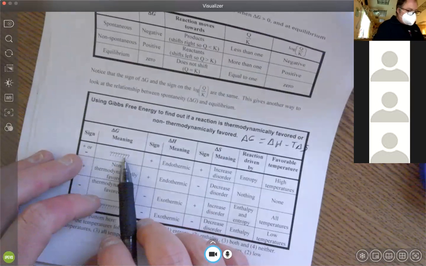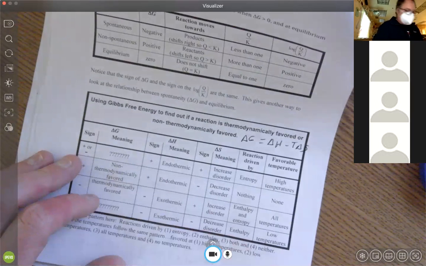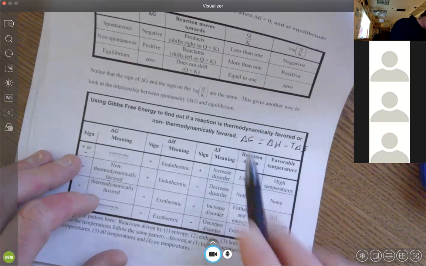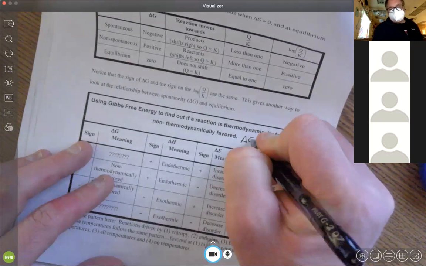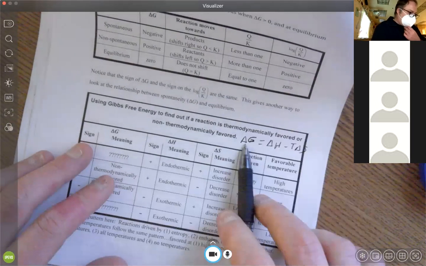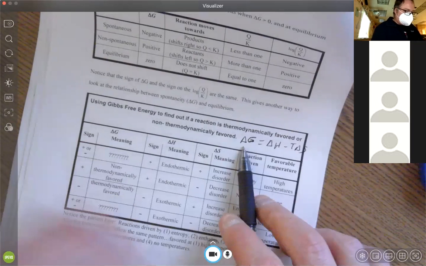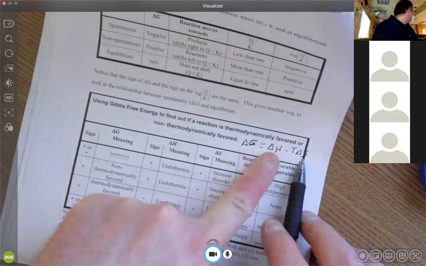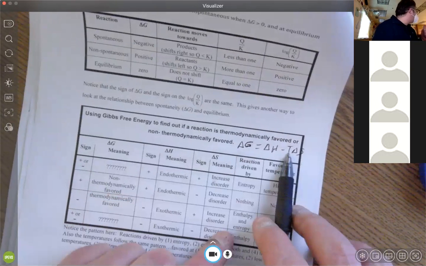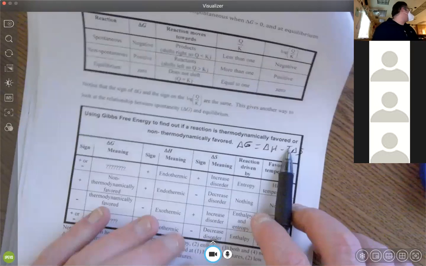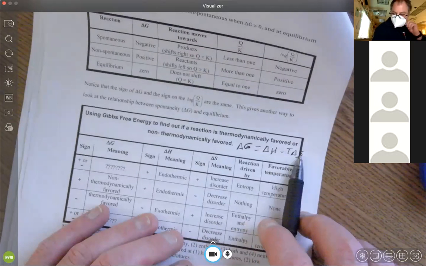If the reaction was spontaneous, if it was going to happen, delta G needs to be negative. How could we make delta G negative if both delta H and delta S are positive? Well, if T is big enough, at a high enough temperature, then we would subtract enough to get this to be negative.